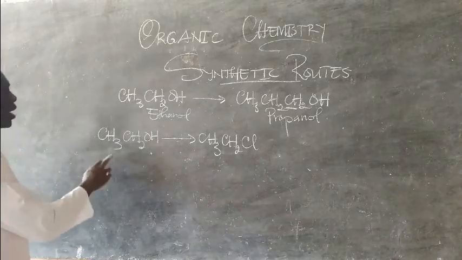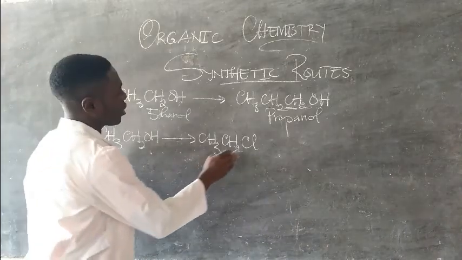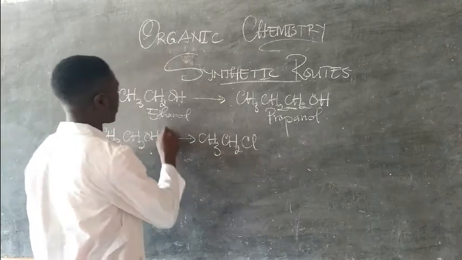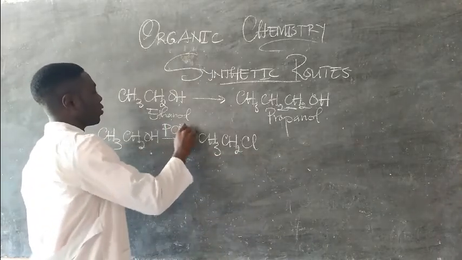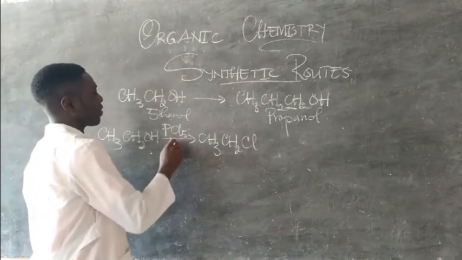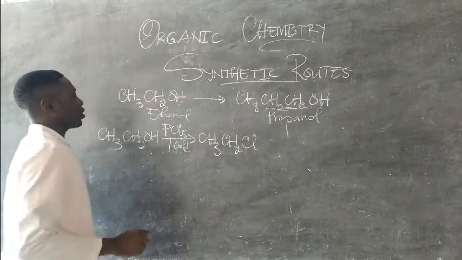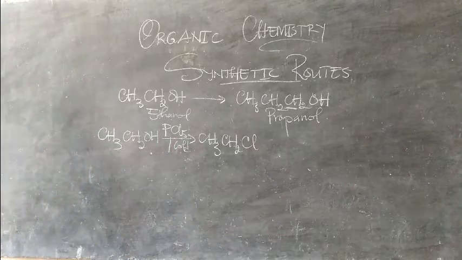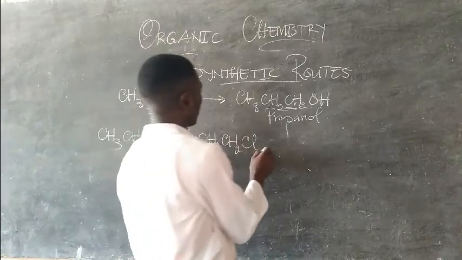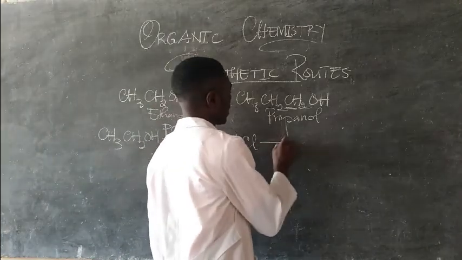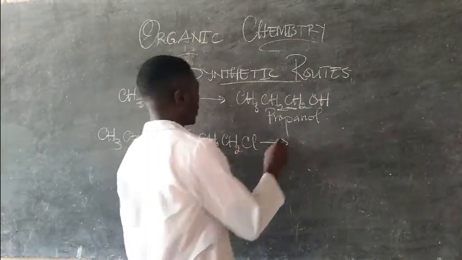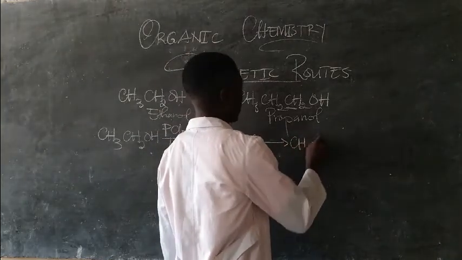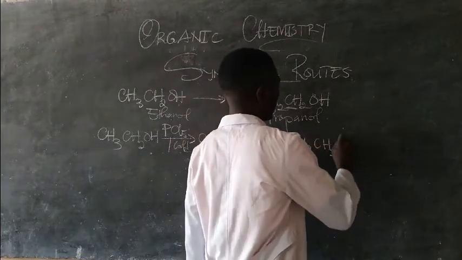The very first thing is I convert my alcohol to the haloalkane using PCl5, and you always use PCl5 in cold. That's the condition in which you use PCl5. And after I've had my chloroethane, I convert the chloroethane to CH3CH2CN.